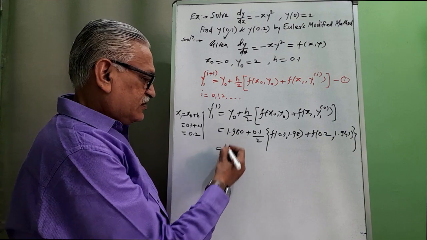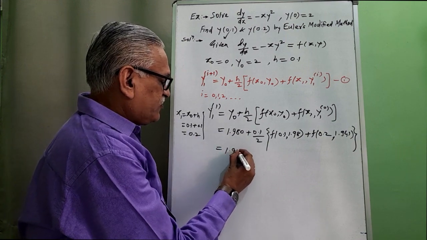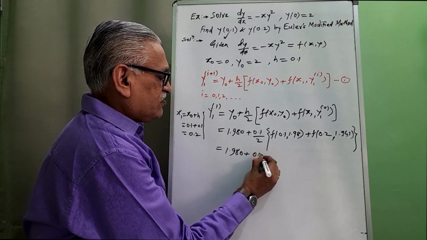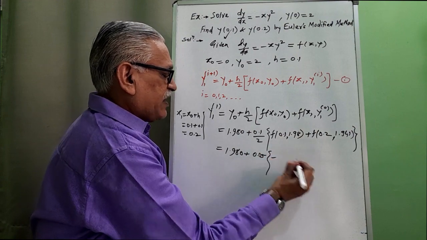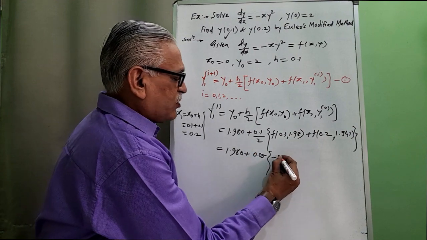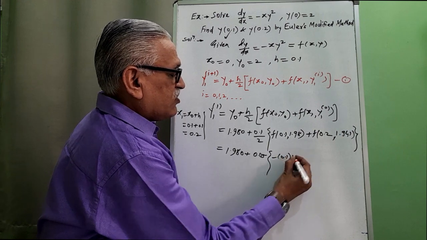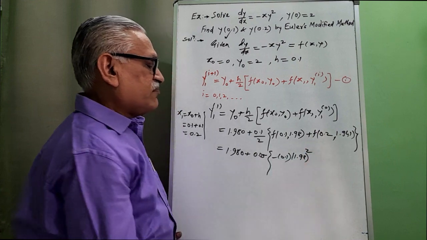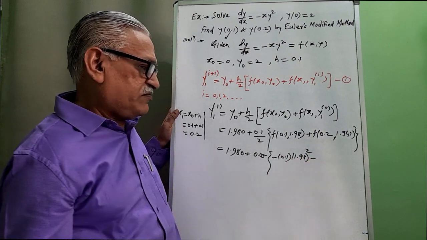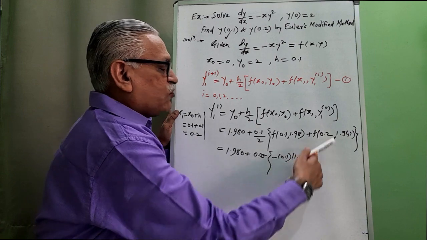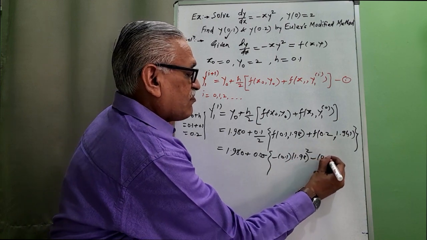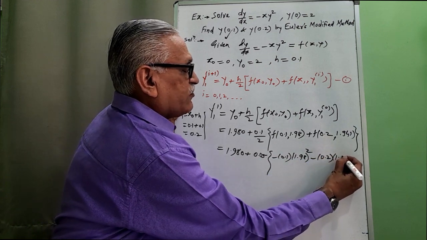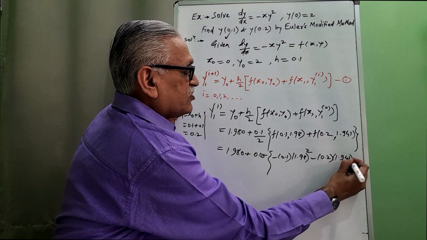Performing by calculator, we get 1.980, 0.1 by 2 we get 0.05, this one is minus xy square, x is 0.1, y square is 1.98 square, again minus xy square, x is 0.2 multiplied by square of this, that is 1.941 square.